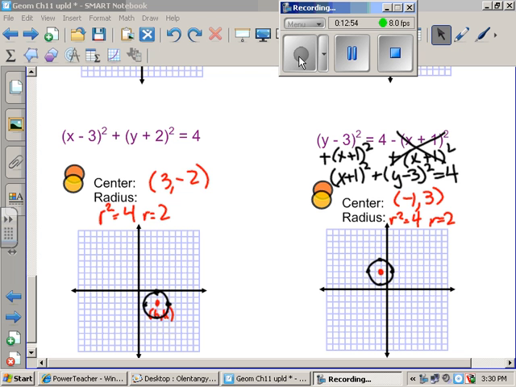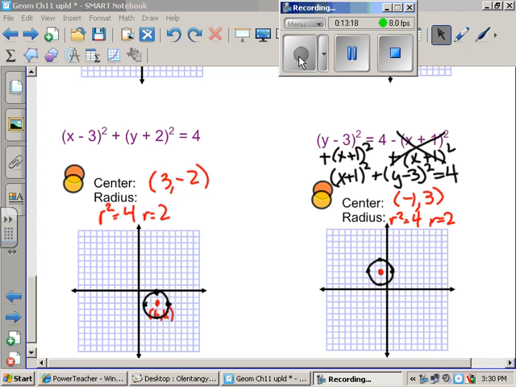That's what your graph should look like. Let me point out one thing on this one. It was not in circle form, so we had to rearrange it, just like if you have a line that's not y equals mx plus b, you have to rearrange it to get it in that form. Same thing here.